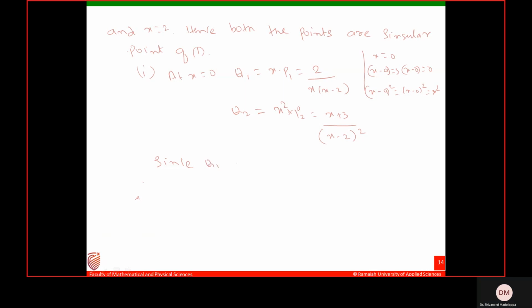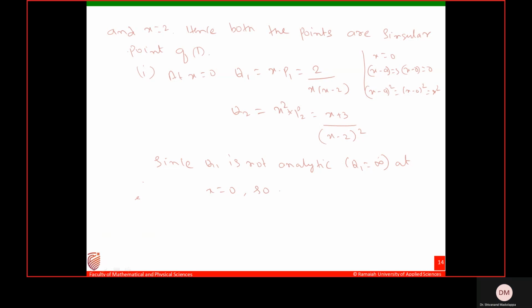Since Q1 is not analytic, Q1 is equal to infinity at x is equal to 0.